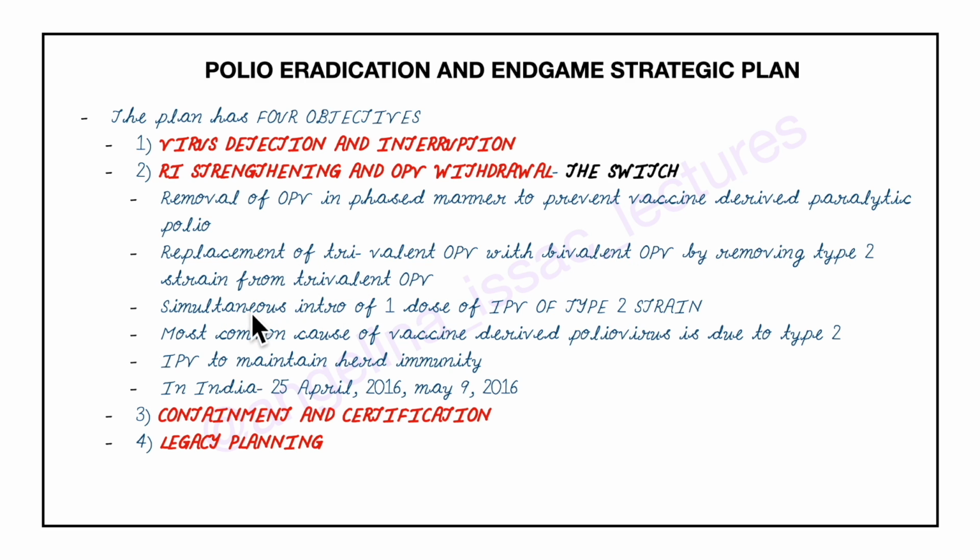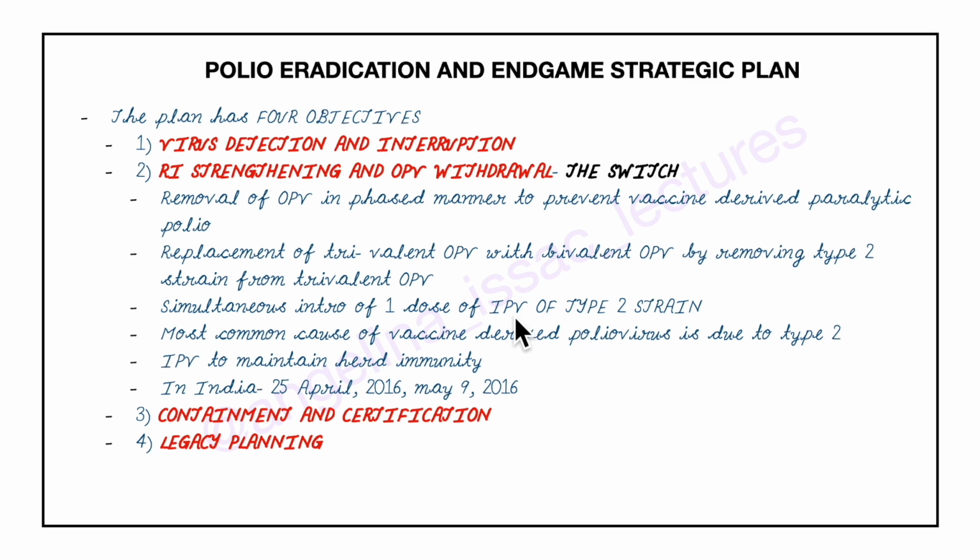After the replacement, there is simultaneous introduction of 1 dose of IPV of the type 2 strain. The most common cause of vaccine-derived poliovirus is type 2, and that is why the trivalent is replaced with bivalent by removing the type 2 live attenuated vaccines. And IPV with the type 2 strain is introduced in order to maintain herd immunity.